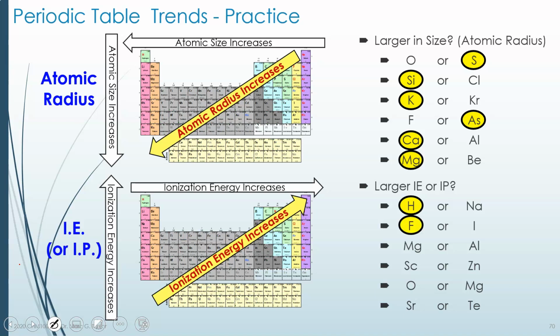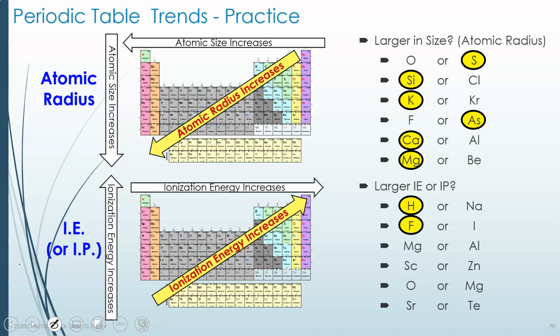Magnesium versus aluminum. You can see aluminum this time, and you can see magnesium. Magnesium is in orange. It's an alkaline earth metal. And aluminum is right underneath boron over on the right. It's one of the post-transition metals. So you can see that they're in the same row. So the row is not going to help you.